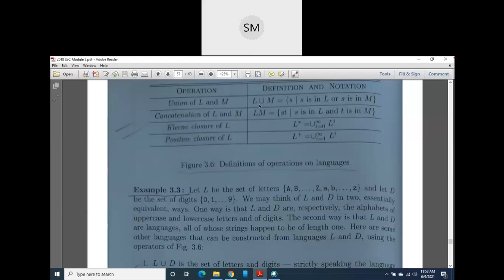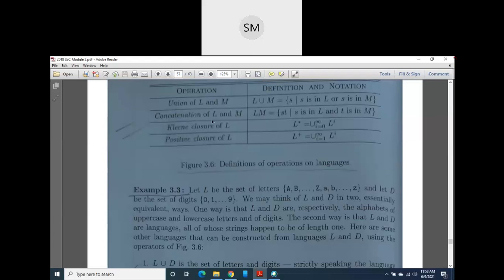Whatever elements you get after union, 1, 2, 3, 4, 5, that is A union B. These elements are either present in A or present in B, right? So here also, L union M is the union of two languages, which gives us a string that is present either in L or in M.